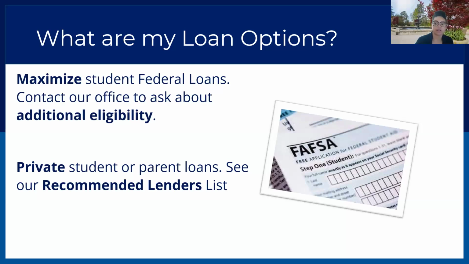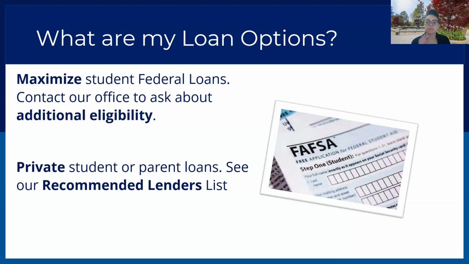So they would be either a federal parent loan or a private loan. So we do have a recommended lender list that details about 11 or 12 specific loan programs that we truly do recommend and highlight for our families to consider.